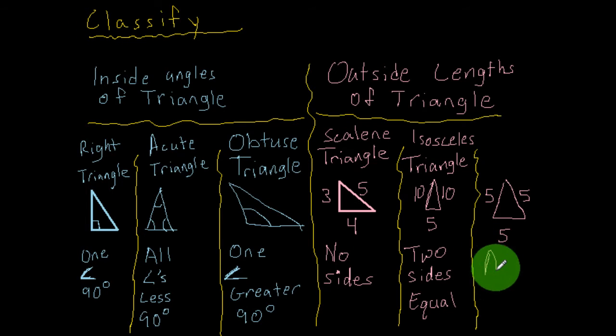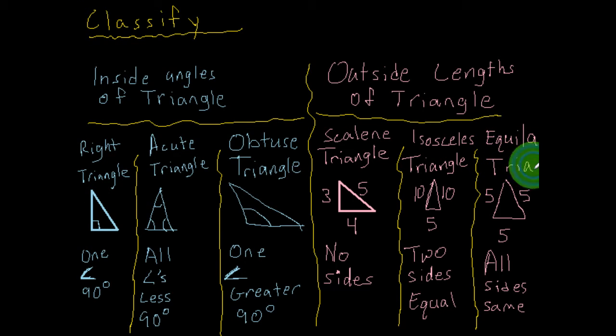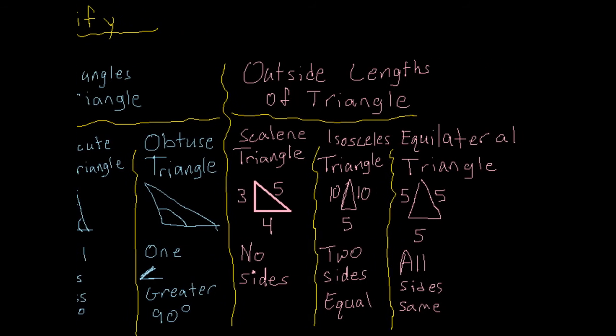And we would say all sides are the same, or all sides are equal. And you don't really need a trick to remember this one, because since all sides are equal or the same, it basically has the name already in it. We would call this an equilateral triangle. E-Q-U-I-L-A-T-E-R-A-L. And I'm going to slide the screen over in just a second. Triangle. So just let you see that one.